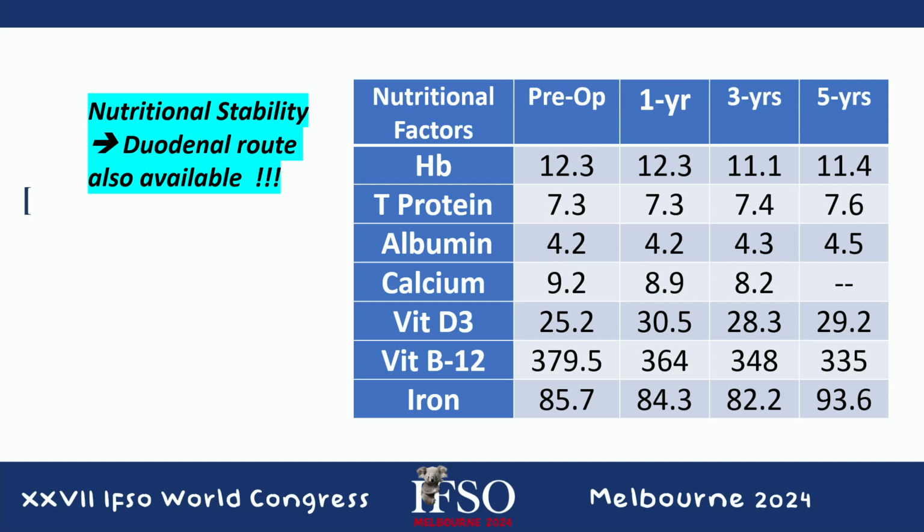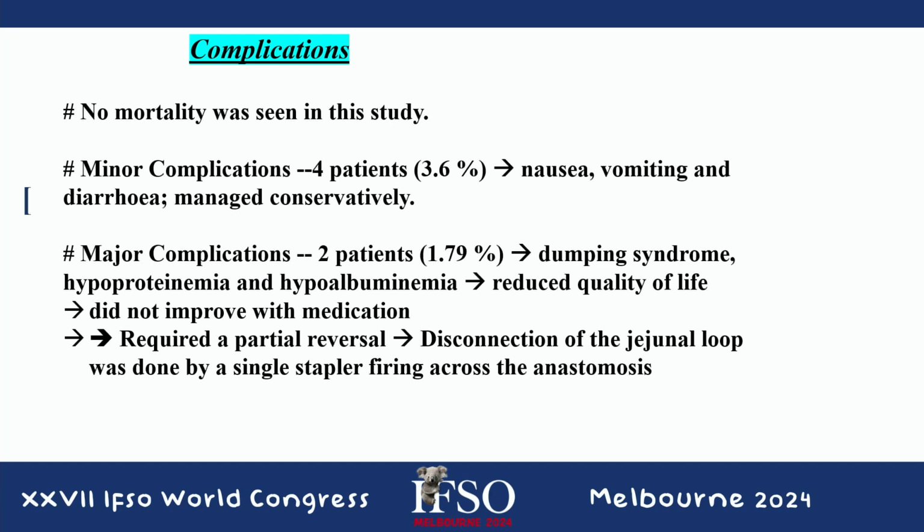Some might go in the duodenal route. But all the nutritional factors were really well maintained. We especially had to watch the hemoglobin and the iron, which fluctuated a bit and sometimes required supplements.